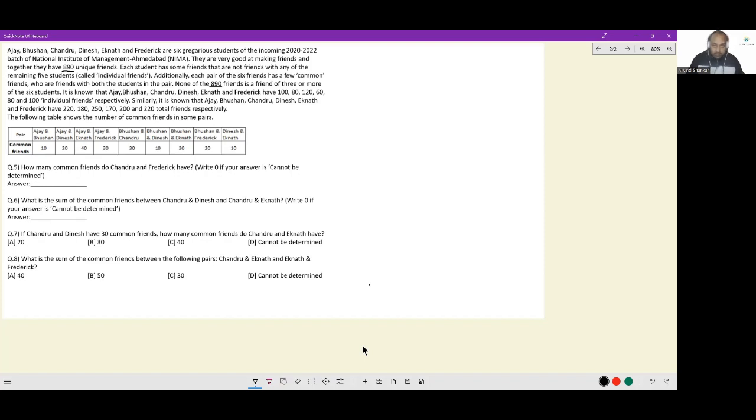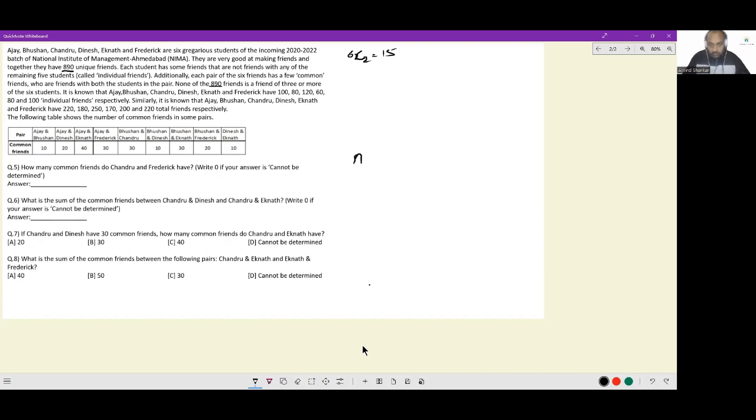Given that there are six friends, 6C2, there will be 15 pairings. But out of those 15 pairings, 1, 2, 3, 4, 5, 6, 7, 8, 9, only 9 pairings have been mentioned. So 6 pairings are still left. How you record this is very similar to a games and tournament table.